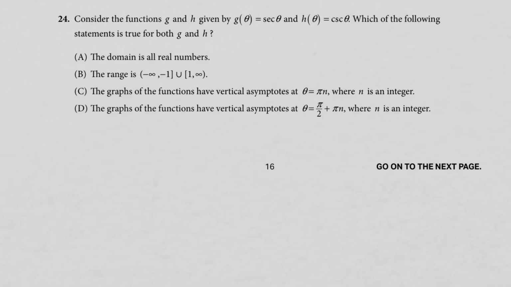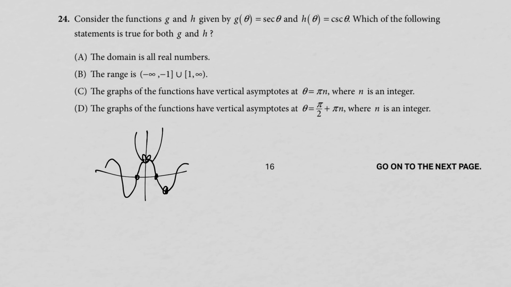24. Secant and cosecant. What's true for both of them? Well, secant is 1 over cosine. Here's what cosine looks like, and secant's the reciprocal, which gives it asymptotes where cosine was 0.